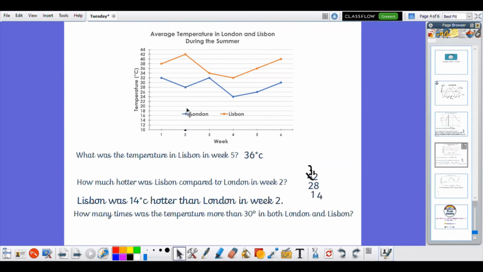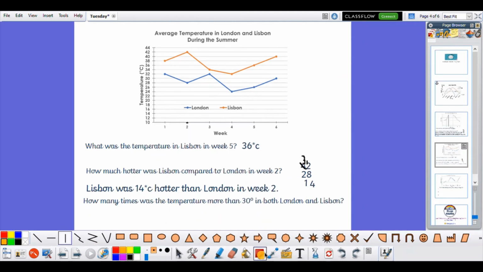Okay, so for this one, rather than going along the x-axis, because that's not really going to help me for this question, I'm going to find 30 degrees on the y-axis, and I'm going to draw a horizontal line at 30 degrees. And then anything that sits on that line or above, I know is more than 30 degrees, okay?